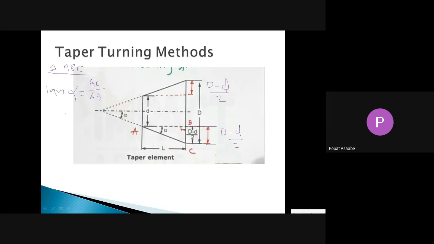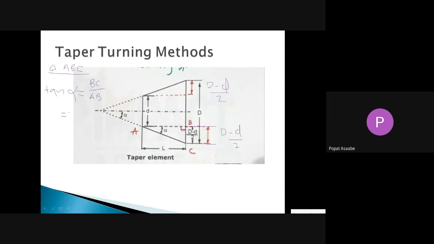Then we have to put the value of that BC and AB. What is the value of BC? Instead of BC, we can write capital D minus small d divided by 2.